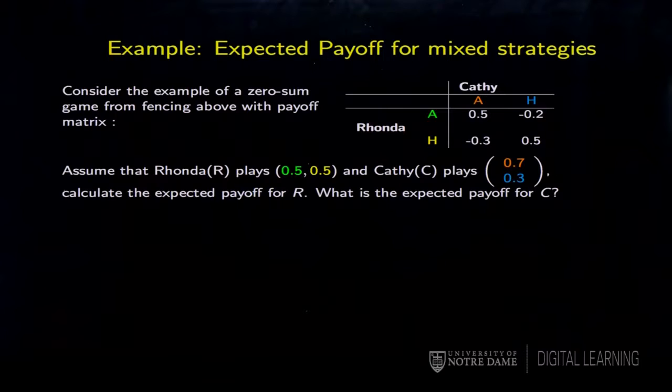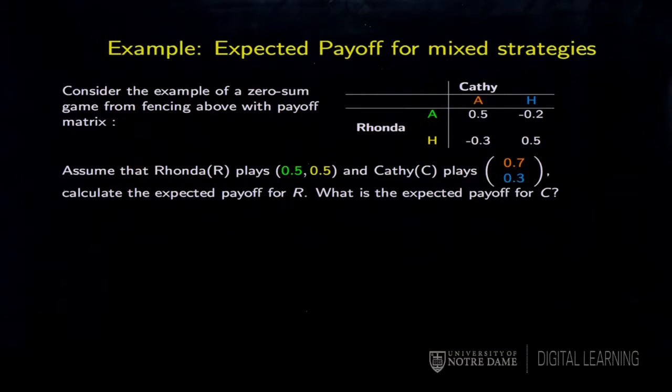And Kathy chooses to attack 70% of the time and hold back 30% of the time, but again she does that in a random manner so that Rhonda can't tell what she's going to do next. What's the expected payoff for Rhonda here in the long run through repeated play of this game?